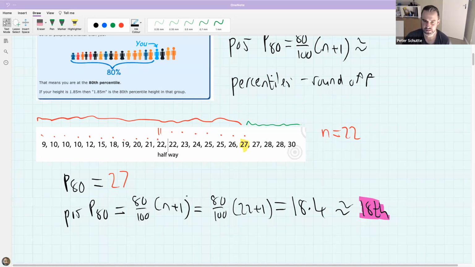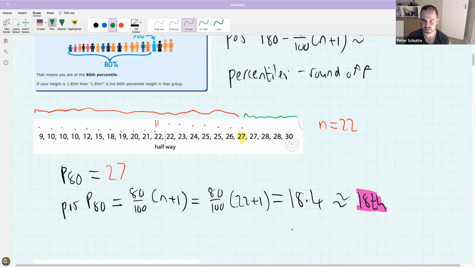Okay, so percentiles, the only real difference is that with the position formula, we round off, and the formula itself is very similar to what we were using before. So just to make sure you got this, I want you to find me the value of P65, or what we would call the 65th percentile for this data set.